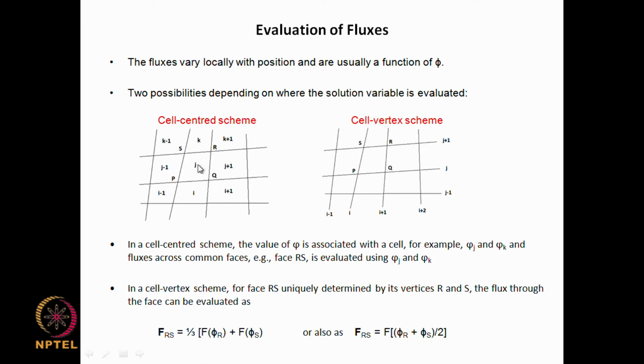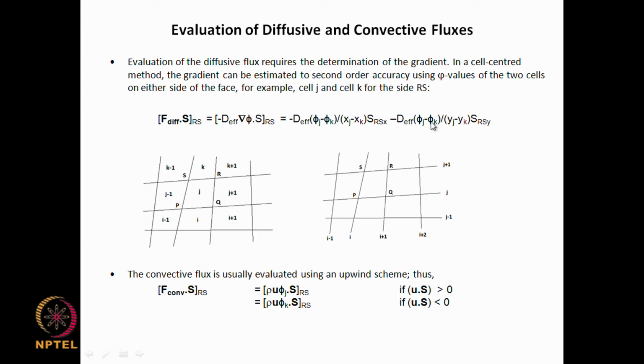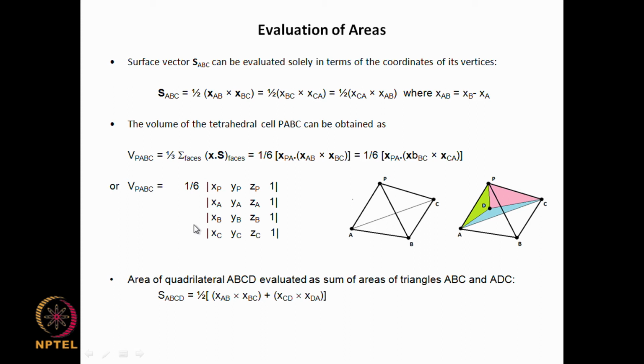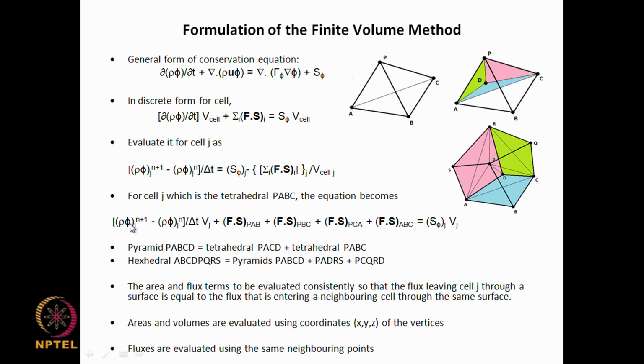So, those are okay, phi j and phi k are coming here, and then here also phi j and phi k are coming here. So, these bring in the influence of the neighboring coefficients, and you will end up with a compact computational molecule where the value of phi j is influenced by the neighboring cell values, as in the cases that we have seen earlier. So, this is the general formulation of the finite volume method, and this is applicable for any arbitrary shape.